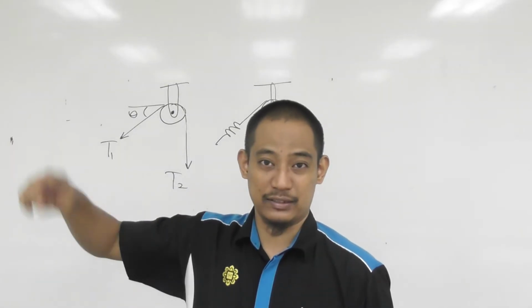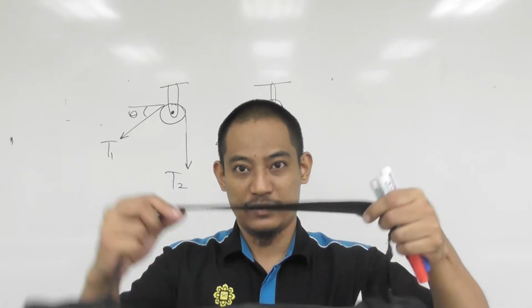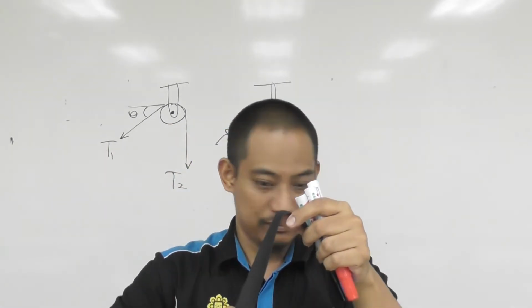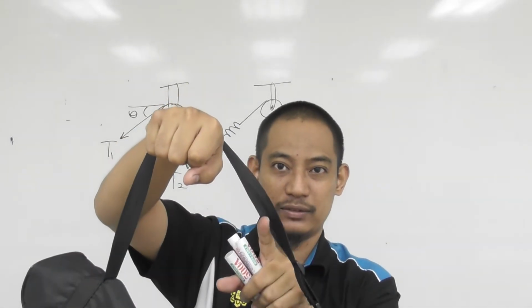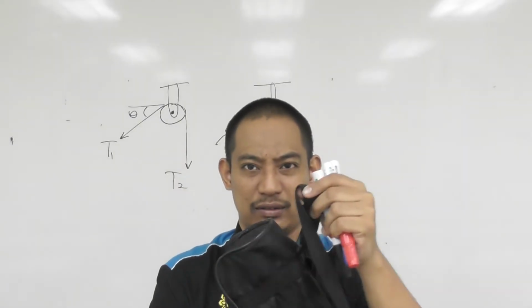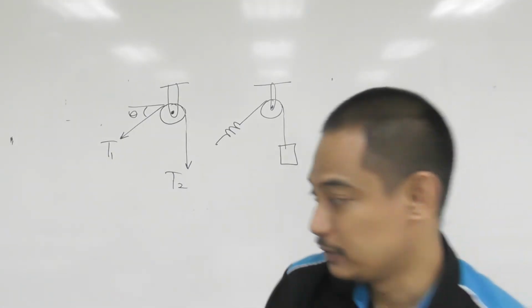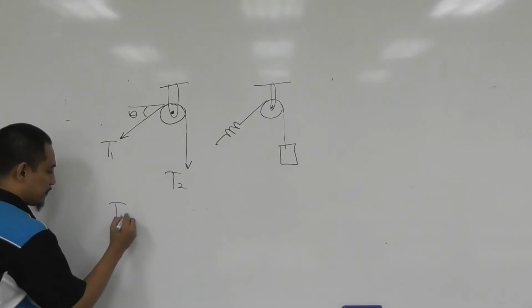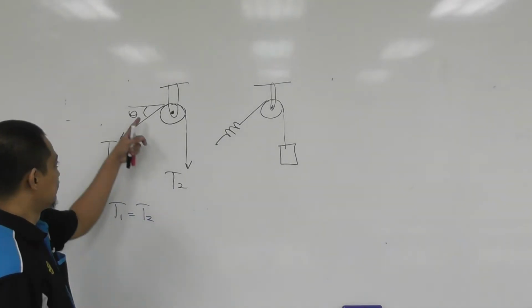Otherwise, it's not logical, right? So for example, this one and this one should have the same value, meaning that T1 equals T2, regardless of the angle. It doesn't matter.